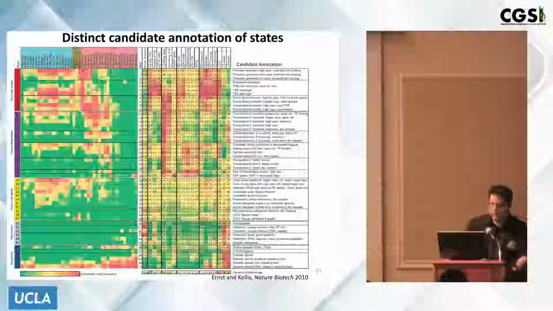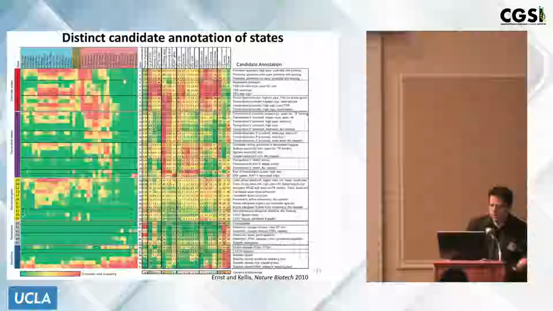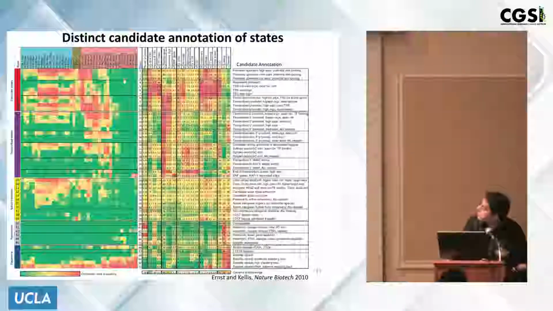Once we had this model, we would go across the genome and compare each state to other annotations and compute various types of enrichments. This gave us different candidate annotations of the genome into different classes of promoters, different classes of transcribed regions, and different types of active intergenic regions.